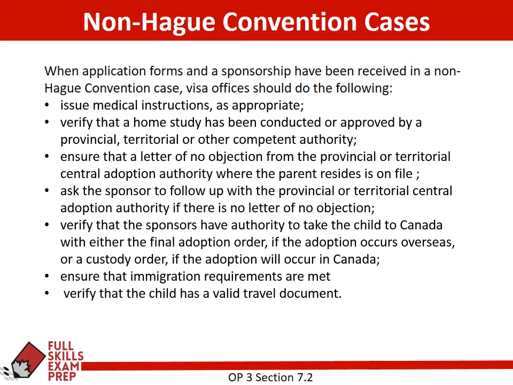Now there's a letter of no objection from the province, and that would just say that they do not object to the sponsor adopting a person. The sponsor just has to confirm that that letter exists, of course, with the provincial authorities before they move into the immigration side of this.